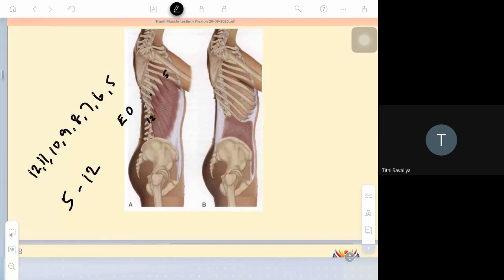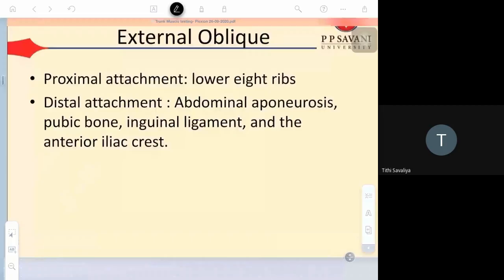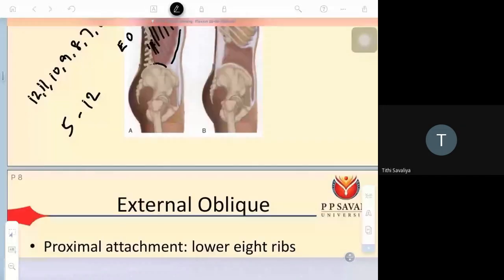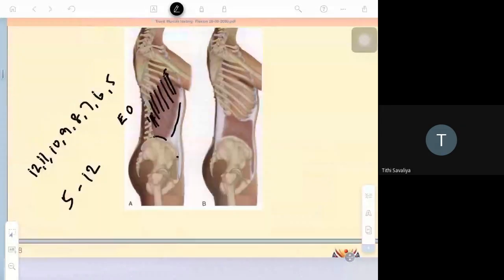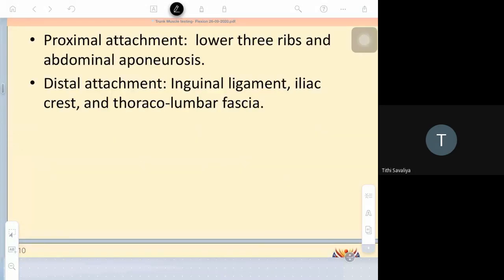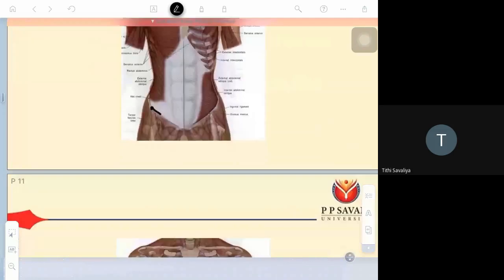So the muscle proximal attachment is like this. What is the distal attachment? Abdominal aponeurosis, pubic bone, inguinal ligament, anterior iliac crest. Clear? This is anterior iliac crest, and this is inguinal ligament, from here to here.